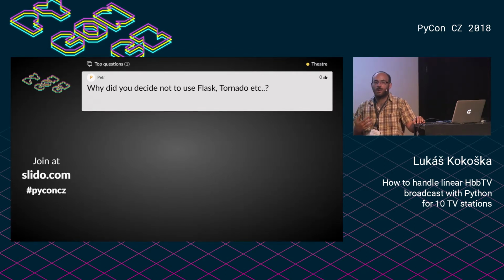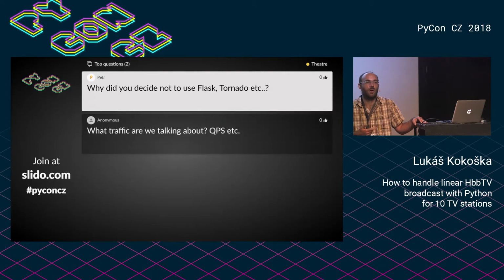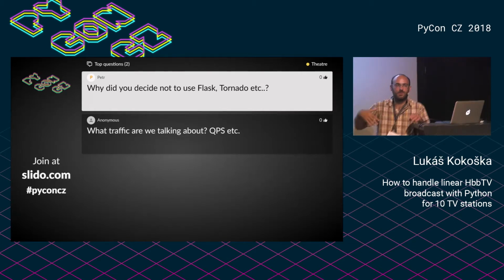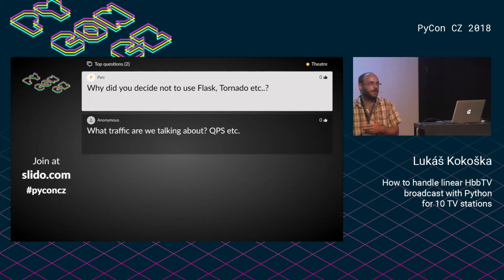For a problem like that, when you handle two paths in URLs and a WebSocket, you just don't need thousands of lines of code, with regular expressions to handle paths and decorators and so on. So there was no need.